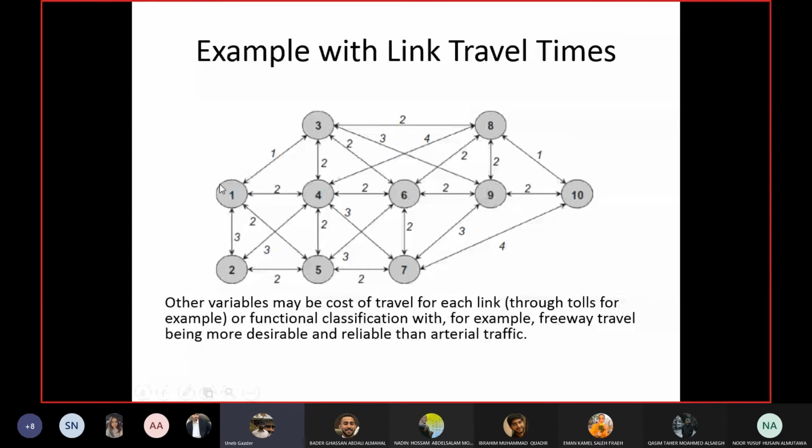So maybe if I go by this route, 1 to 4 and 4 to 6, these are two local streets. But if I go 1 to 5 and 5 to 6, these are two arterials. So people generally prefer traveling on arterials because arterials have high speed, higher design standards, more lanes, and so on. So functional classification may be important in this context.